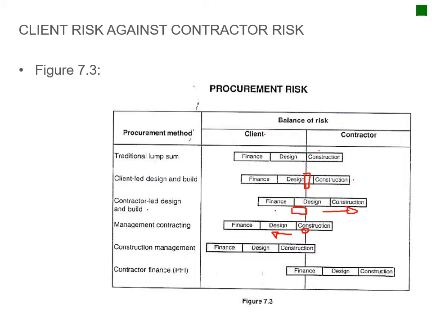Then you have construction management, where the client is very involved in the construction process, where most of the risk moves towards the client. Just going back to construction management, this is like developers or so that will fall underneath this type of arrangement.